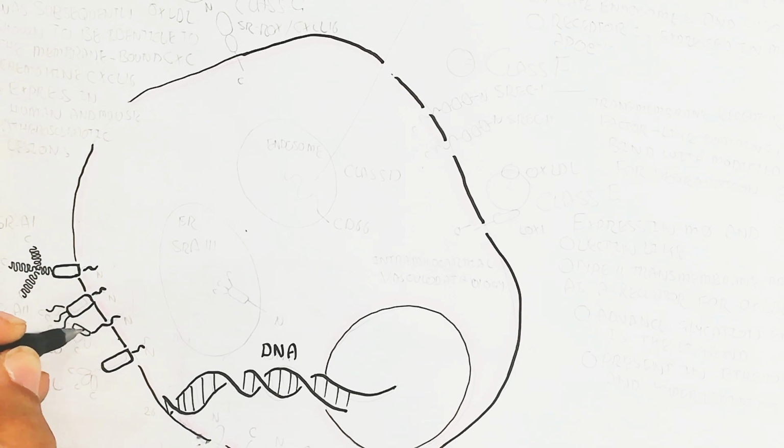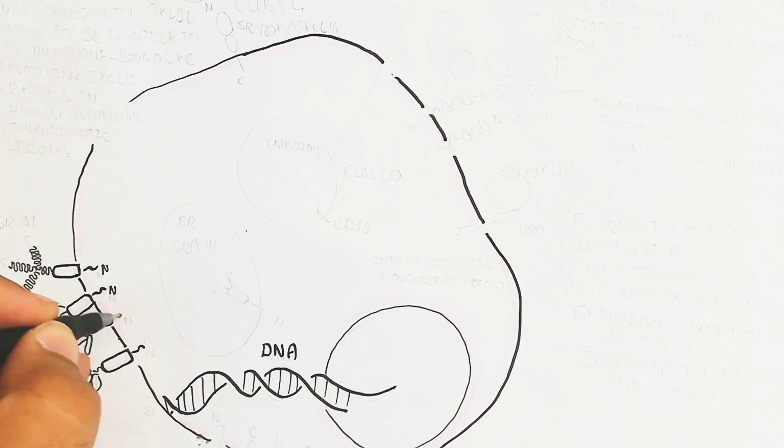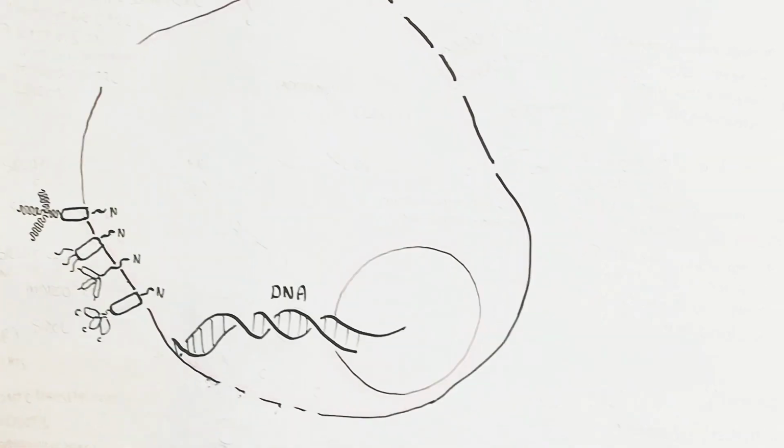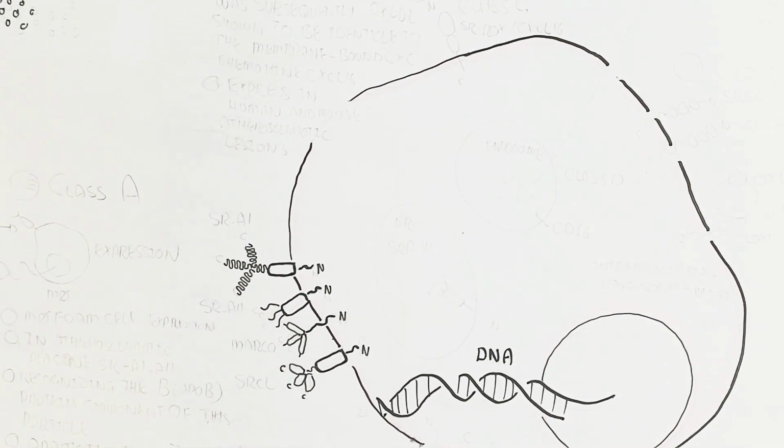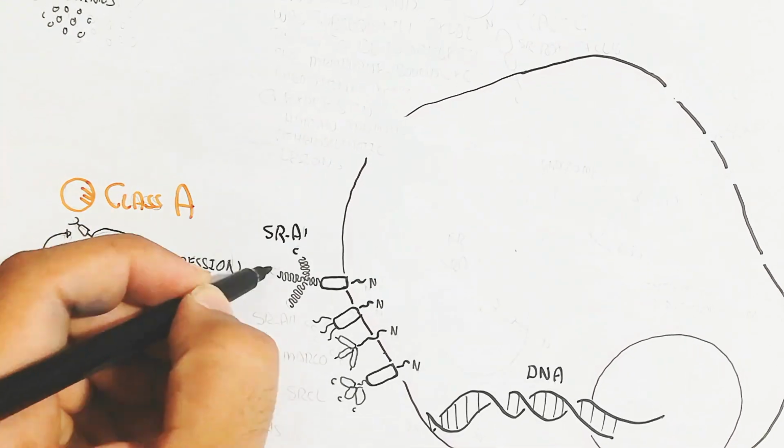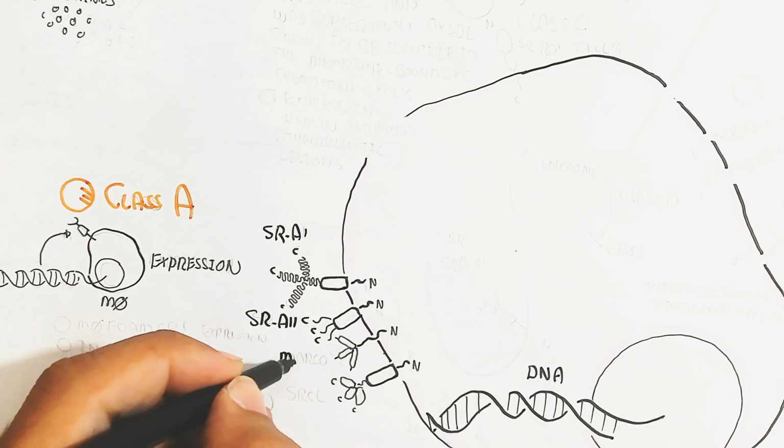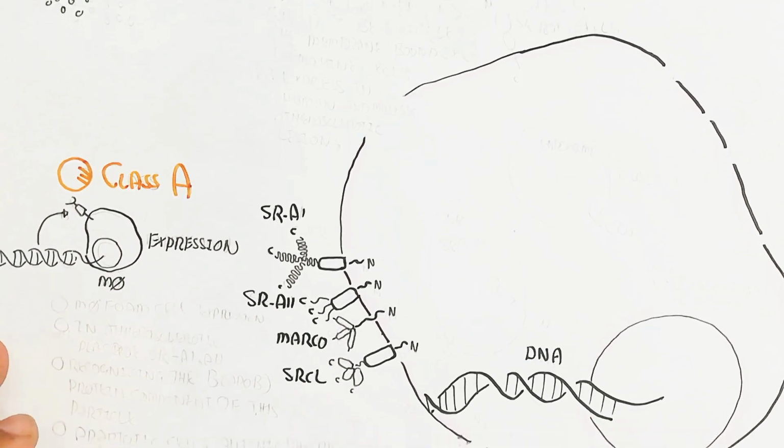These contain different types of receptors, like scavenger receptor A1, A2, and A3, which are present in the endoplasmic reticulum, while MARCO and scavenger receptor CL are the five receptors involved.